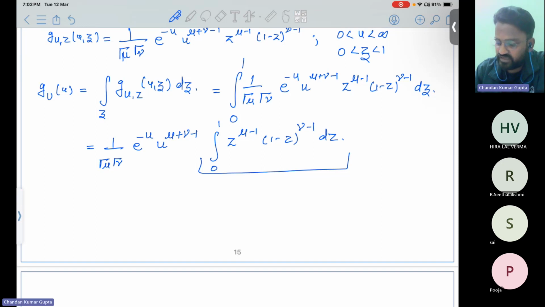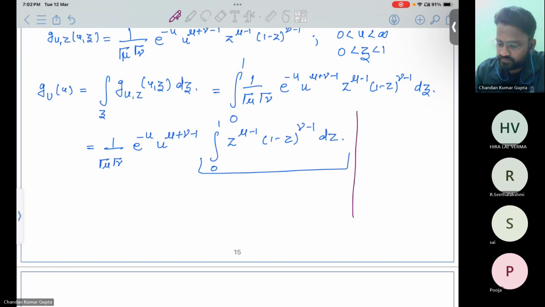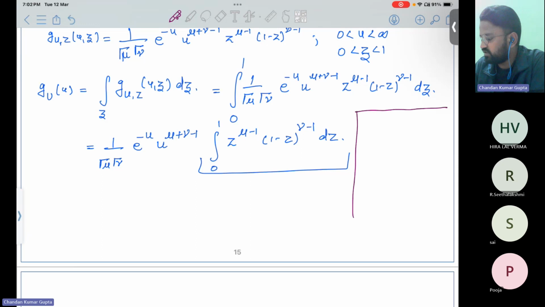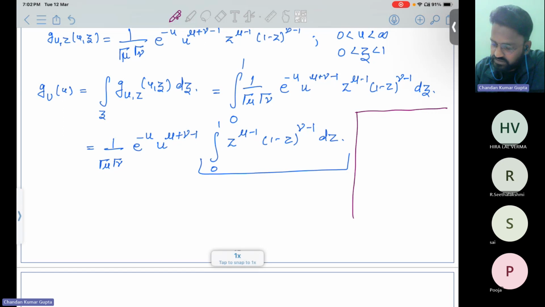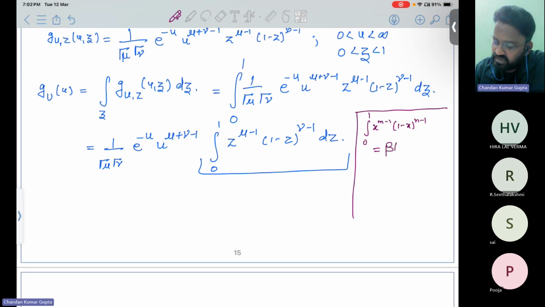Okay, and the value of this: the integral from 0 to 1 of x to the power m minus 1, 1 minus x to the power n minus 1 dx is equal to beta of m, n, and beta of m, n is defined as gamma m gamma n upon gamma of m plus n.